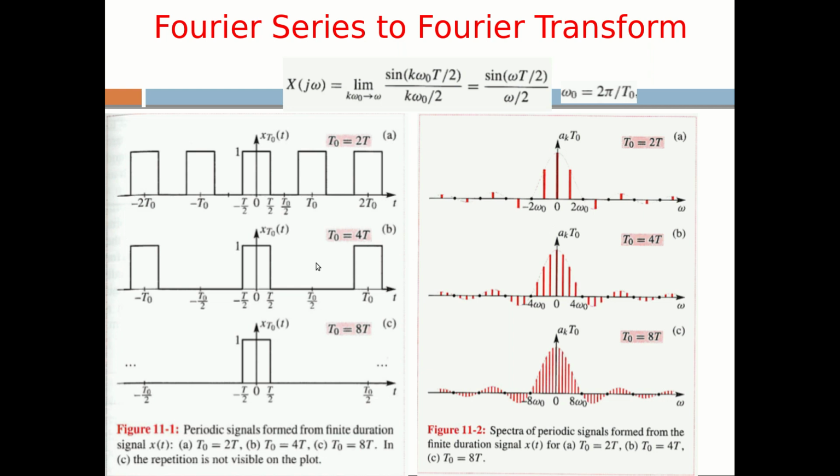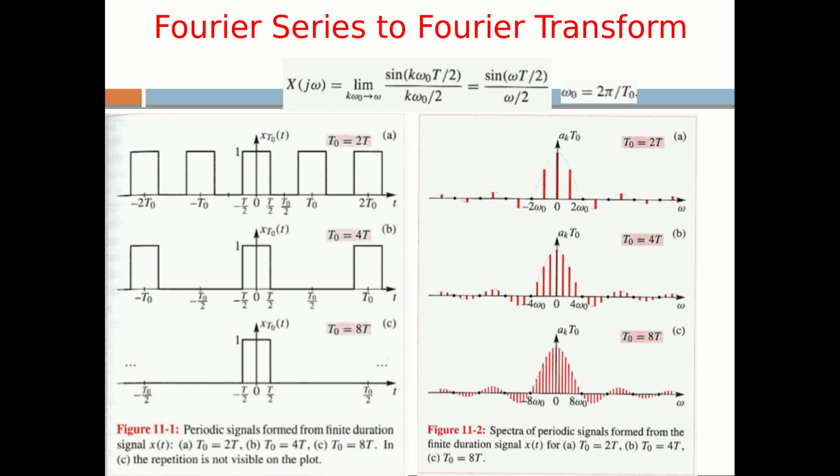Now, when we increase the period from 2T to 4T, what we see is that the coefficients come closer. This is because frequency reduces as we keep increasing the time period. They start coming more and more close, and after a point they seem to be continuous.